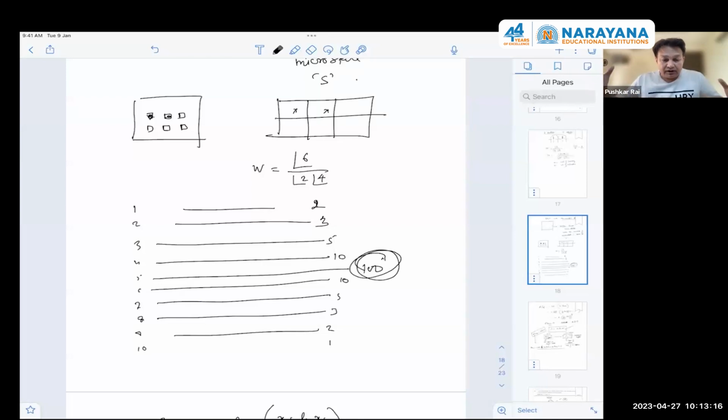The whole world is just like this, statistical in nature. Everything is governed by probability, and these are called microstates.